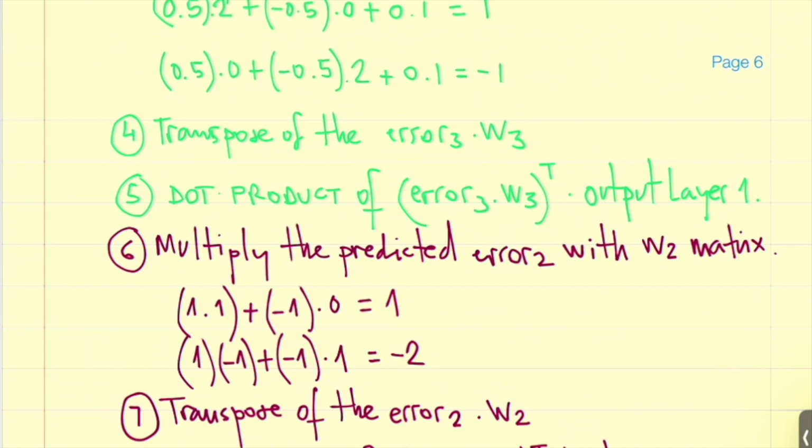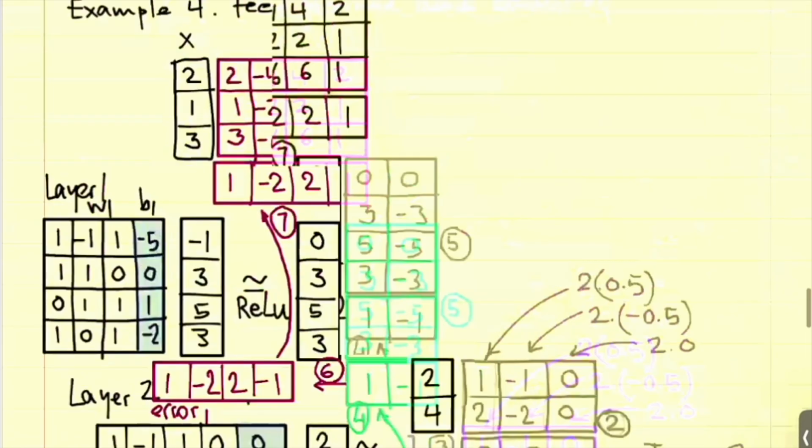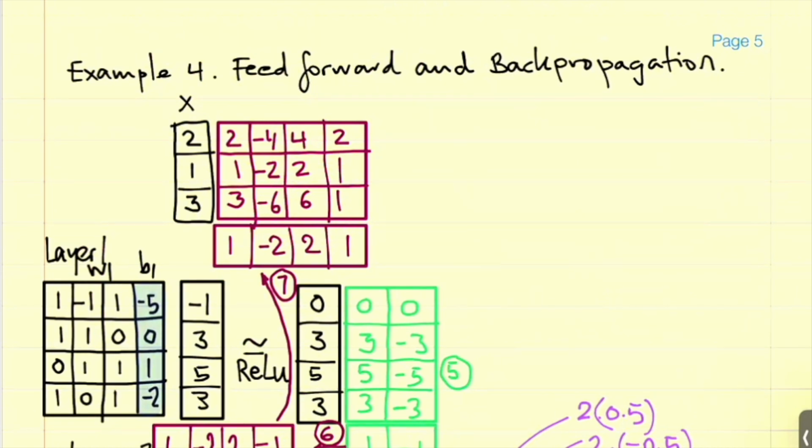Okay, this is the result. This is the new weight matrix 1, and this is the new bias. So we have updated the weight matrix and the bias.